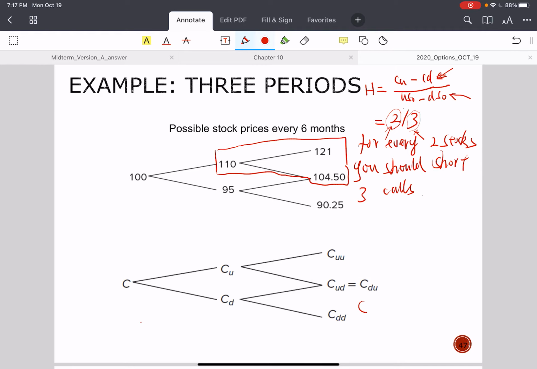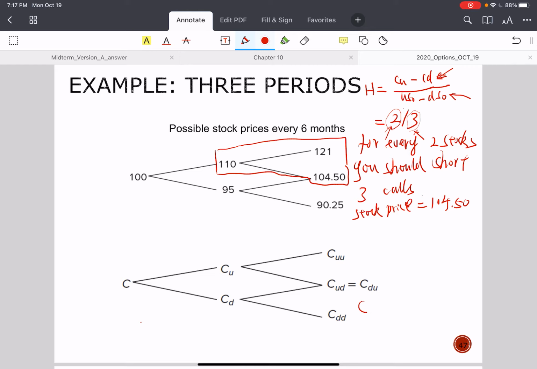Okay, so let's see. If you pair 2 stocks with a short position of 3 call options, what is your portfolio's payoff? Now let's see this. If the stock price equals 104.50, right?